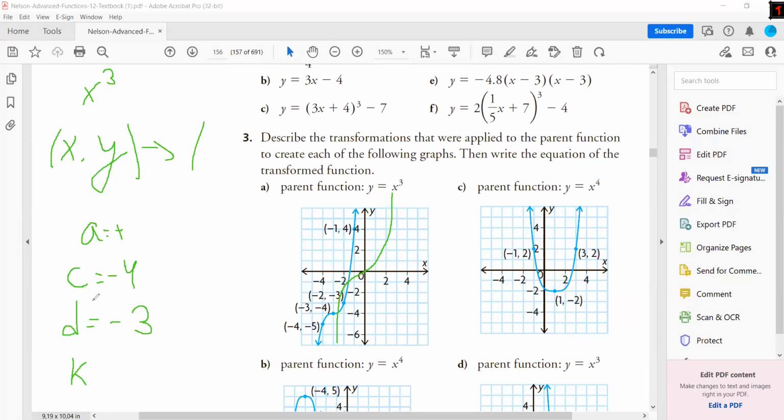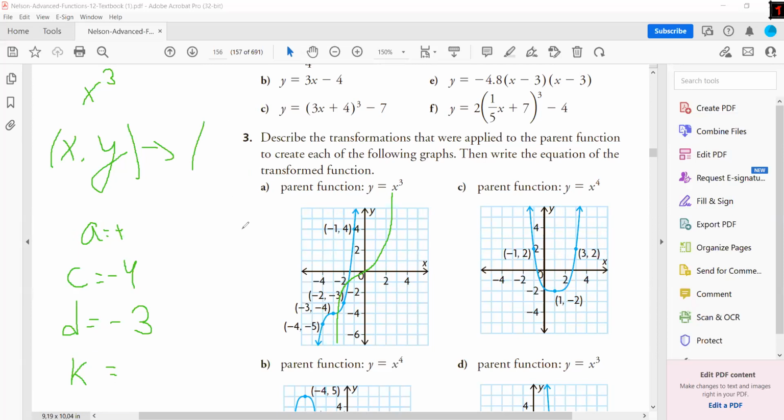So if we apply these translations to these points, we're going to see the coordinates for the parent function, and then we would be able to see if we have any a or k multiples, right? Because a is a multiple of y, while k is a multiple of x.